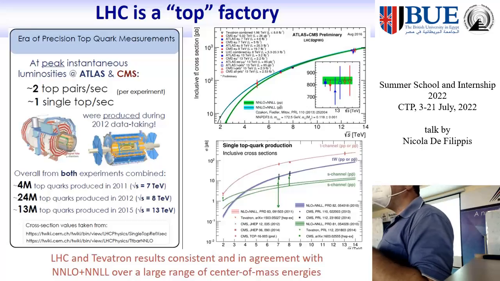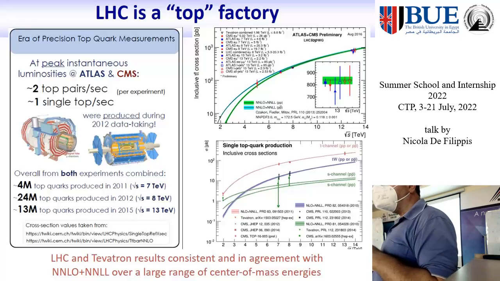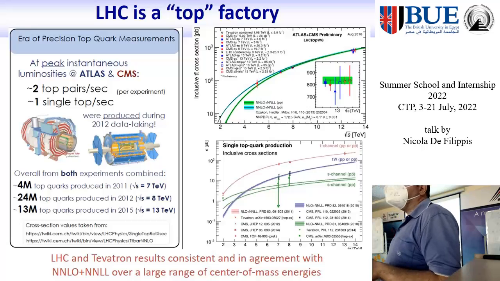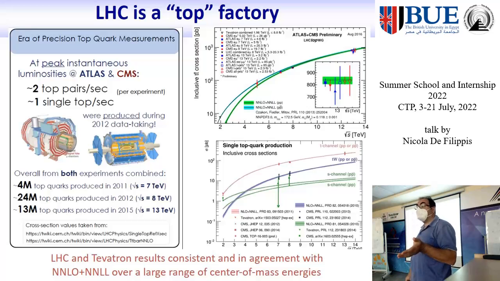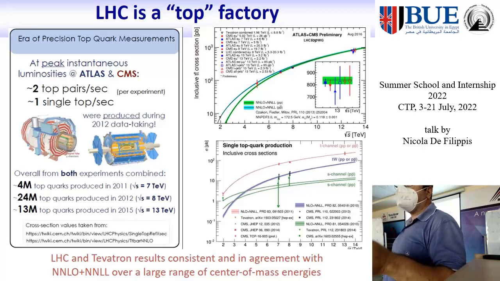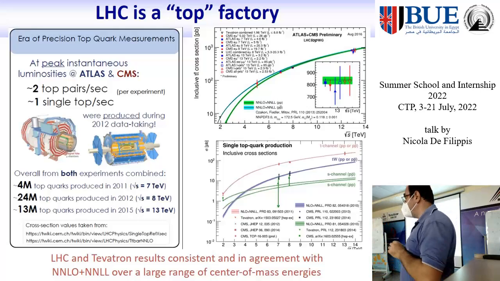We know that the Higgs mechanism provides you coupling to the fermions through the mass, but we don't know exactly why the top is so much heavier than all the other quarks. And so the physics of the top quark is really a very important chapter of the particle physics, experimental and theoretical.